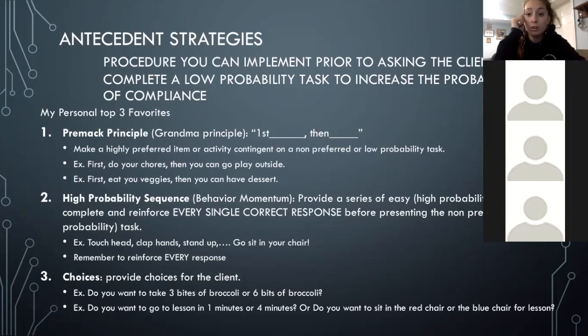If I know that transitioning from playing with trains to sitting in a chair is going to be really hard for my client, I'm going to provide him with a series of super easy tasks to complete so I can give him lots and lots of reinforcement, build up that momentum. Again, that's why we kind of refer to it as behavior momentum, so that I can finally present that awful low probability task demand of go sit in a chair.